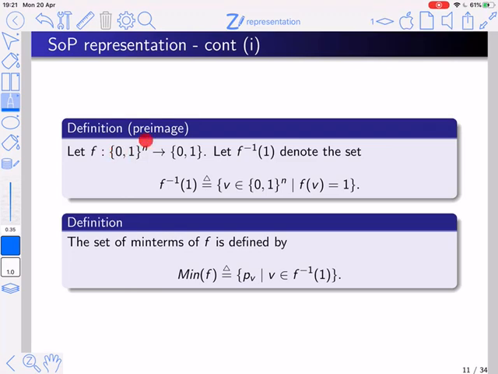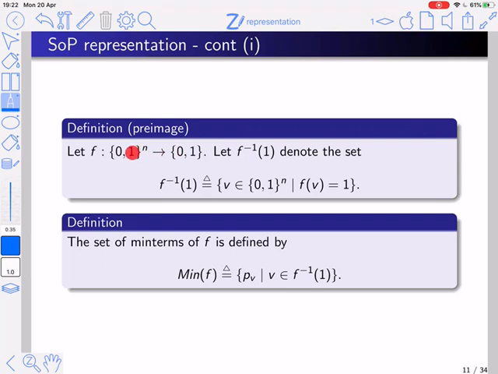Okay, let's define what a preimage is. Given a Boolean function f from n bits to a single bit, let f minus 1 of 1 denote the set of all v's, all the binary strings, such that f of v is 1. Notice that I do not imply here that f is invertible or anything of this sort.